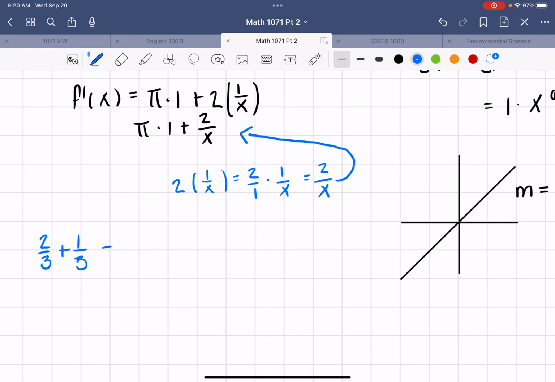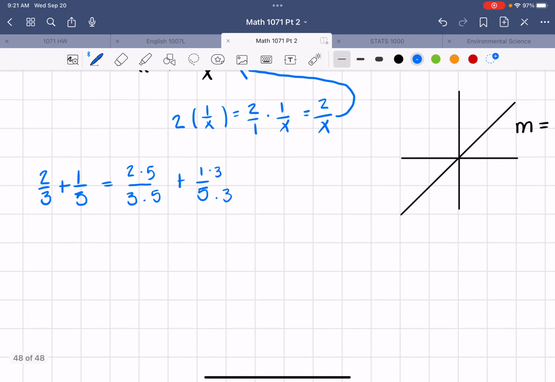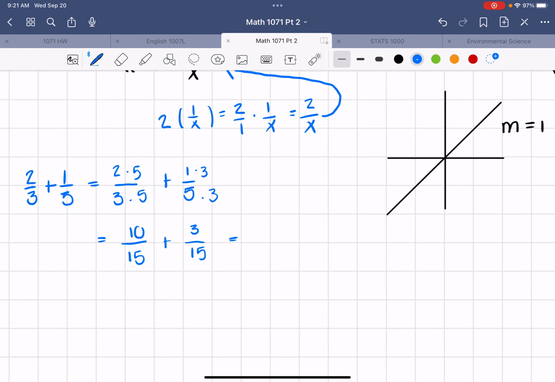This denominator is 3, this denominator is 5, the common denominator is 15. So you take this 2/3 and multiply it top and bottom by 5. And you take this 1/5 and multiply it top and bottom by 3. Now they have a common denominator of 15. Now you can add the numerators. 10 plus 3 is 13.